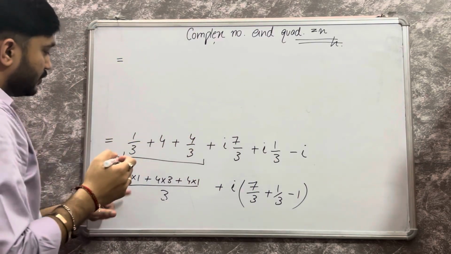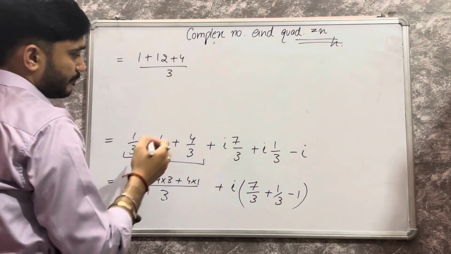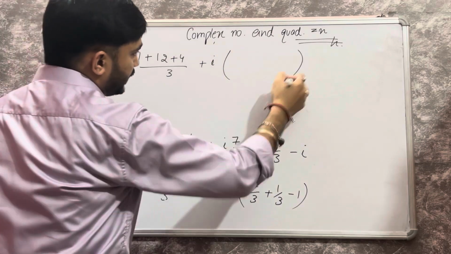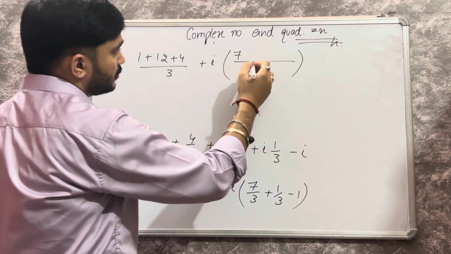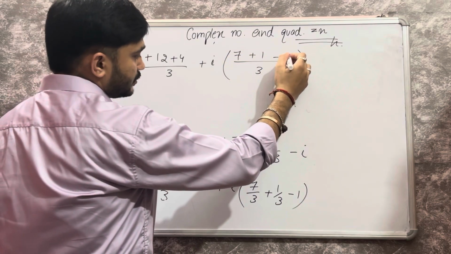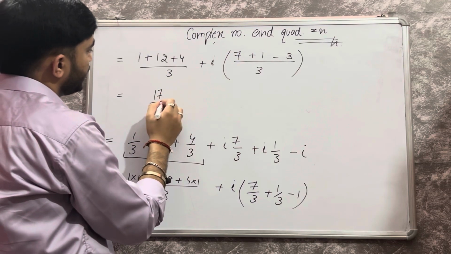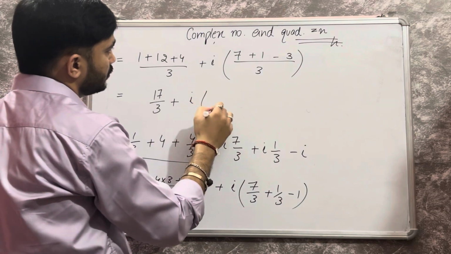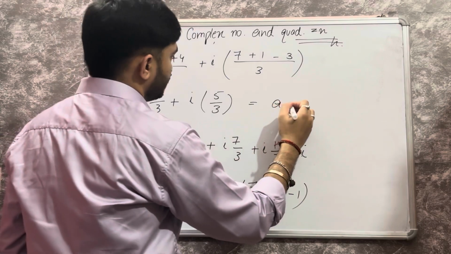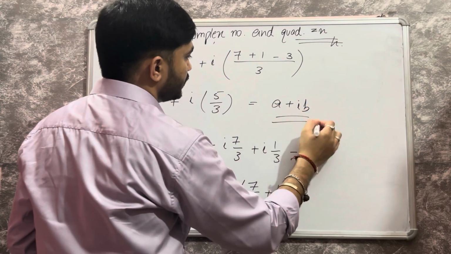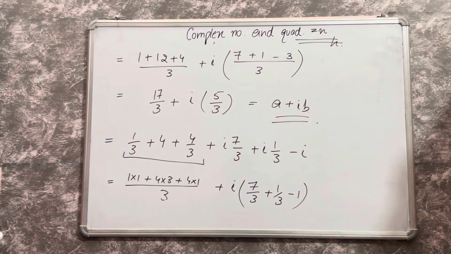Here, 1 into 1 is 1, plus 12, plus 4, over 3, plus i; let us take the LCM here, the LCM will be 3: (7 + 1 − 3). So the answer will be 17/3 + i(8 − 3)/3, which is 5/3. So we have written the answer in the form a + ib. Any doubts? Please take a screenshot if you want.